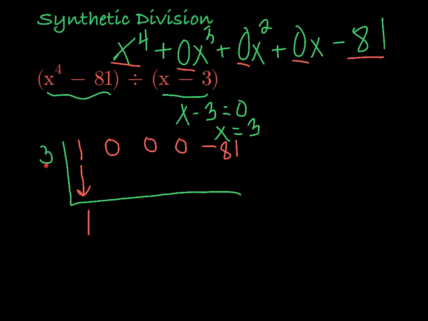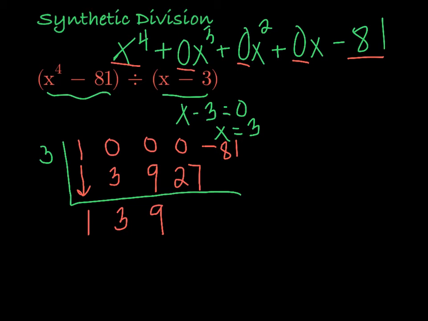Then from there we multiply. 3 times 1 gives me 3. Then I add 0 and 3 to get 3. Multiply again, 3 times 3, 9. 0 and 9 added together, 9. 3 times 9 is 27.